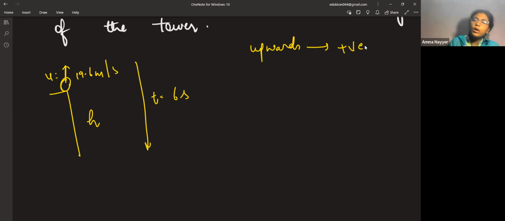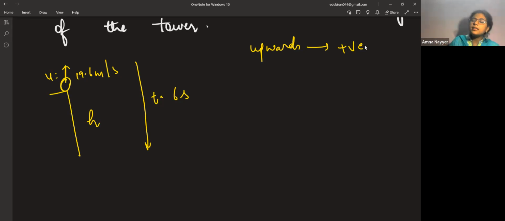Whatever answer comes will be according to your sign convention. And in your answer sheets, never forget to mention the sign convention. If you forget to write what is upwards positive according to you and what is negative, your answers won't match. If I am getting -4 meter per second and you are getting +4 meter per second, it can happen that both of us have chosen that direction as opposite.